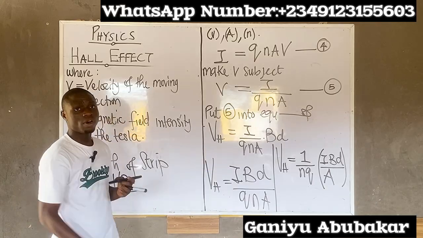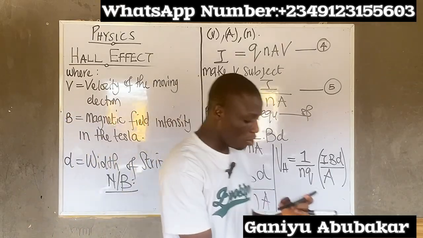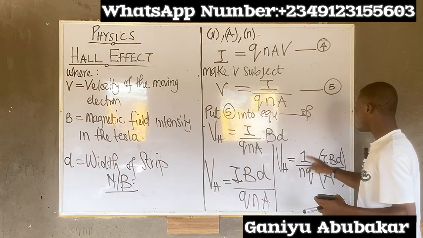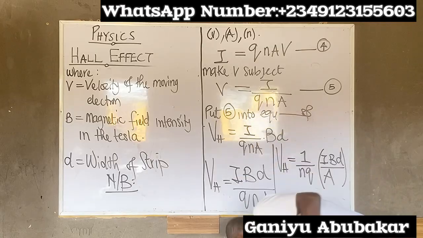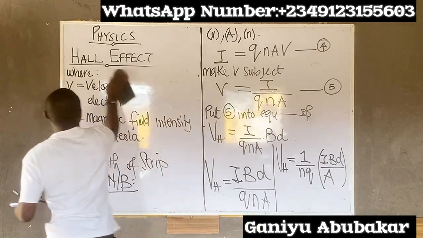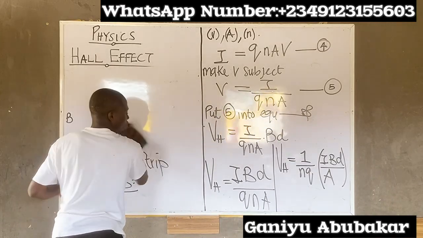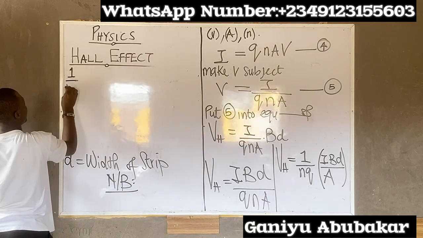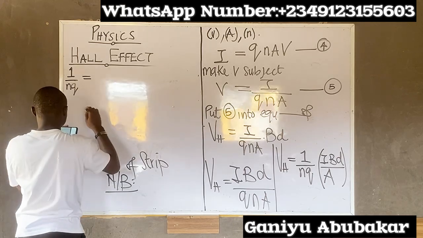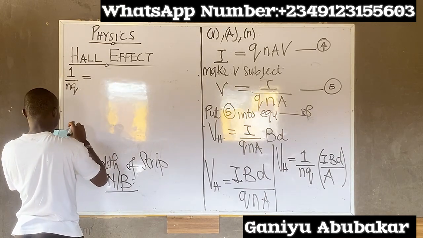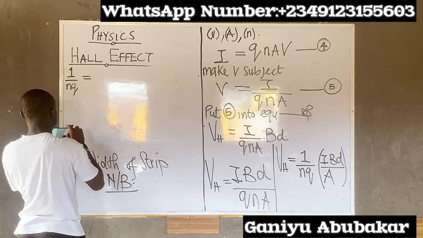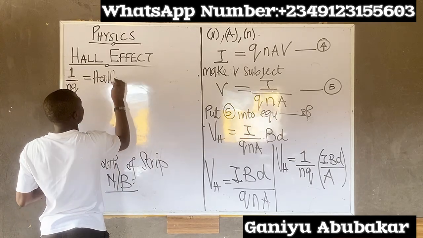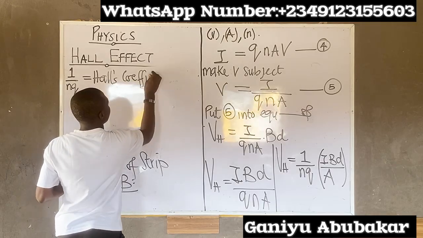So this is how the Hall effect works. This is the formula for the Hall voltage, right? From here, 1 over NQ has a definition. So what does 1 over NQ mean? 1 over NQ actually means the Hall coefficient.